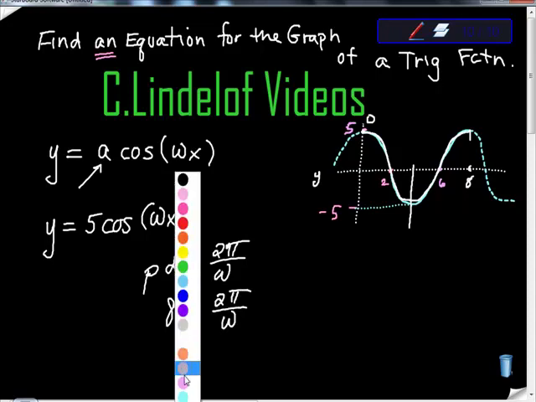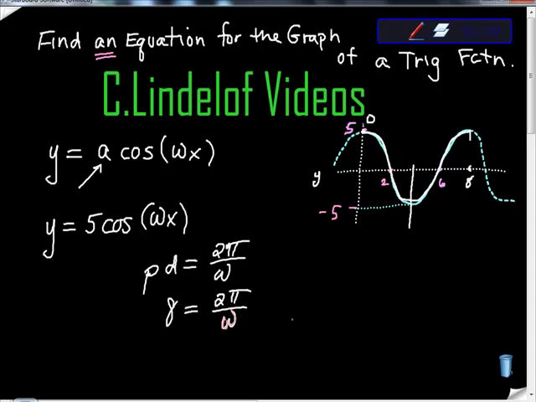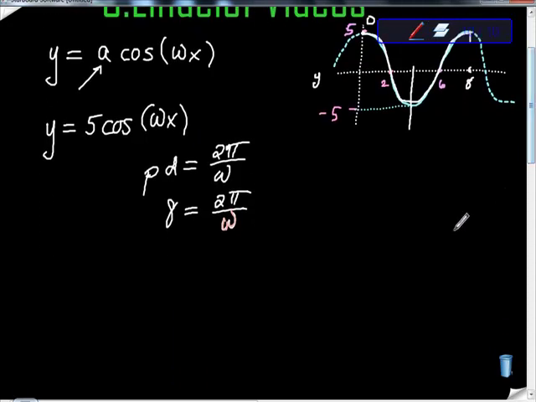Now we need to figure out what omega is. All I'm going to do is a little bit of algebra, solving for omega. You can do this any way you want. I'll cross multiply and get 8 omega equals 2 pi. I'll divide both sides by 8 and get that omega is equal to 2 pi over 8. 2 over 8 is 1/4, so I get that omega is pi fourths.